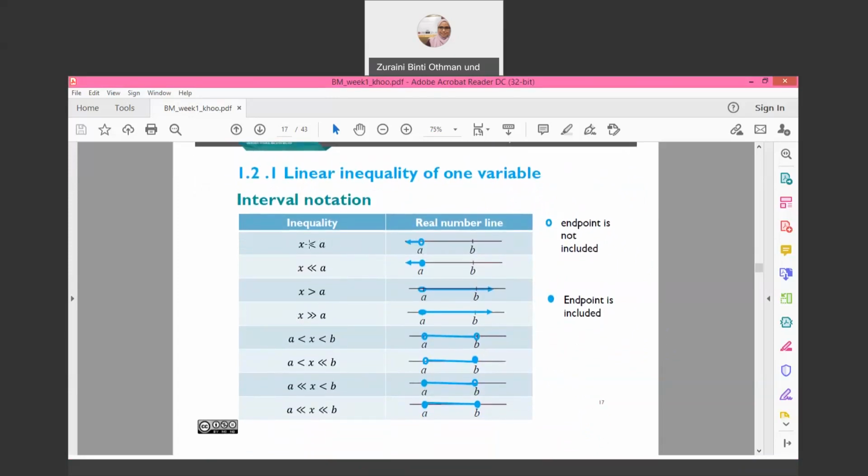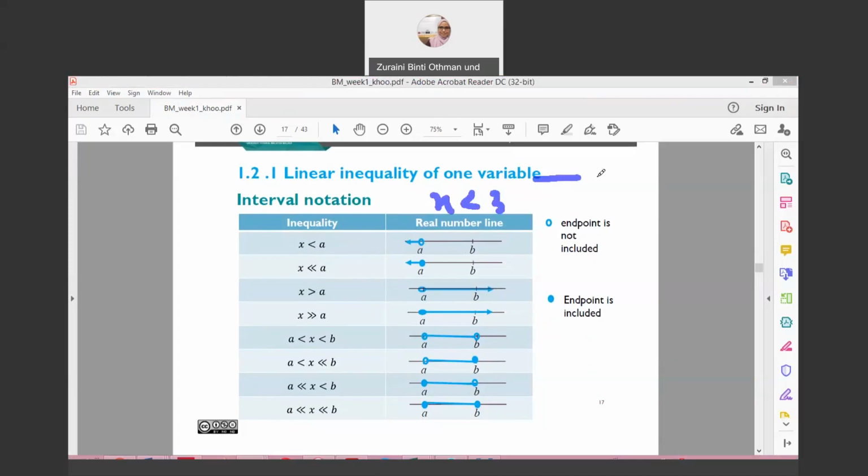And kalau kita kata X is less than A, meaning that X is less than A. When we write X is less than 3, it always, if we have the ruler here 3, okay, pembaris kan. Then X is less than 3 is always lebih kecil daripada 3 yang di sebelah sini lah. Sentiasa lebih kecil dan terus ke bawah sampailah negative infinity. So sebab tu dekat sini is anak panah.